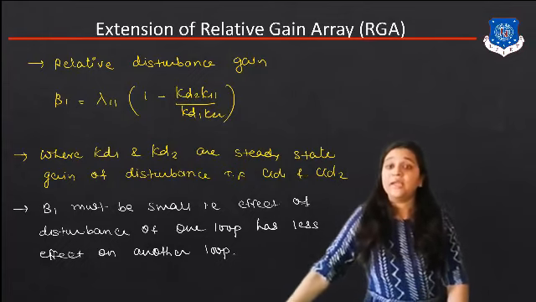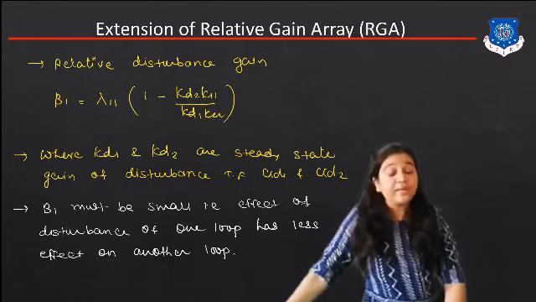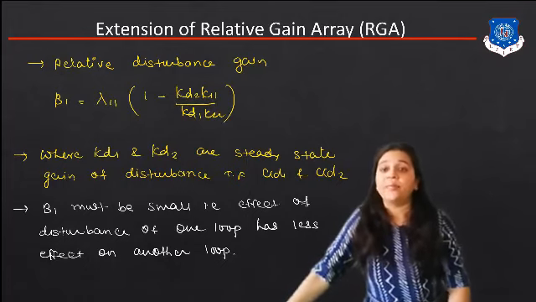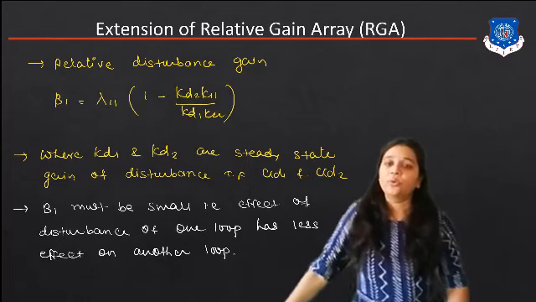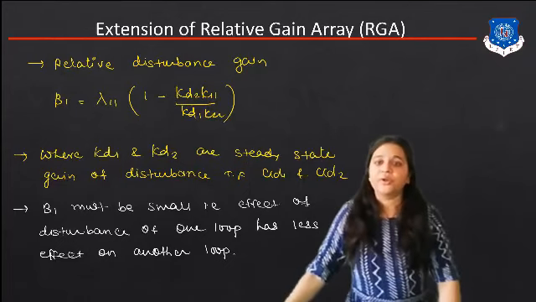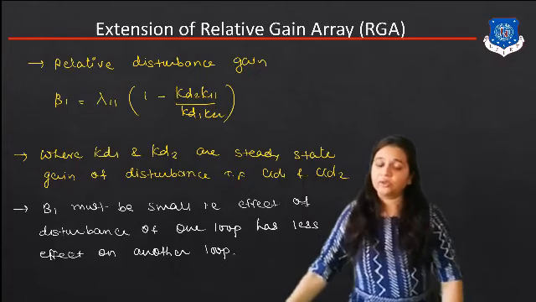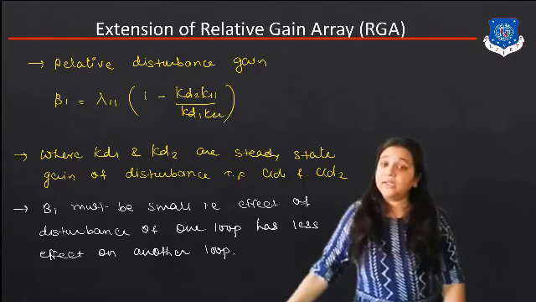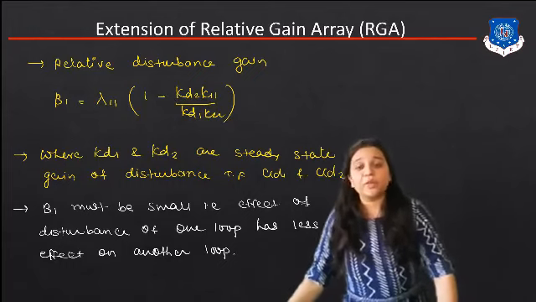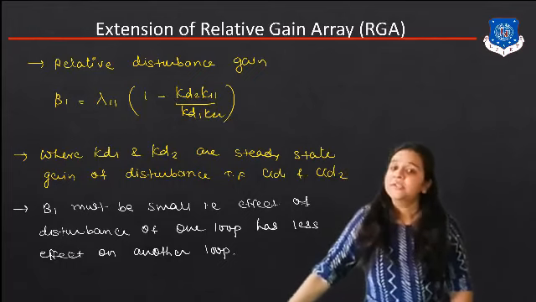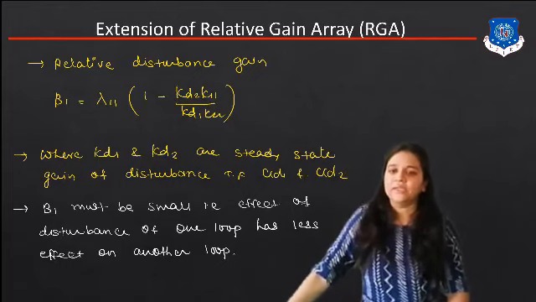So the relative disturbance gain V1 is equal to lambda 11 times the bracket 1 minus KD2 K11 upon KD1 K22, where KD1 and KD2 are the steady state gains of the disturbance transfer functions GD1 and GD2.